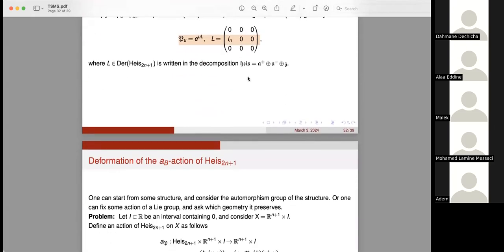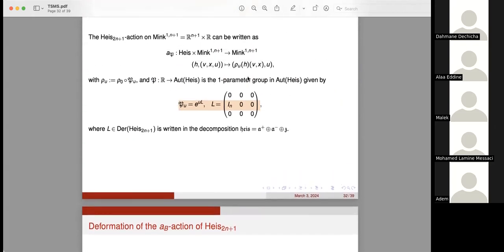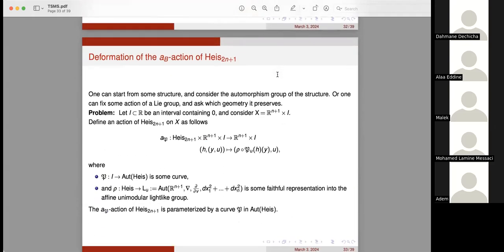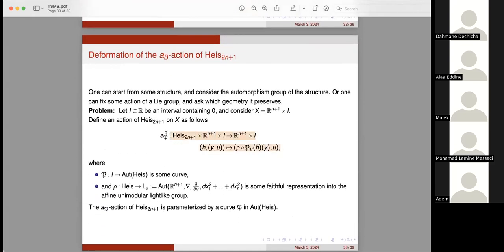And now I consider an action like this here, written in the same way, but now I let this curve, which deforms the action of Heisenberg from one hyperplane to another, be any curve in the automorphism group of Heisenberg.